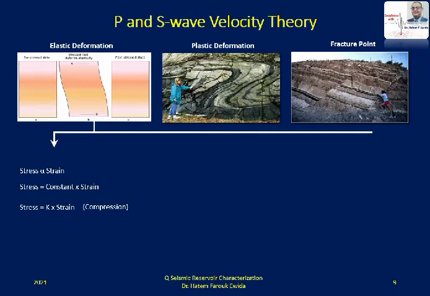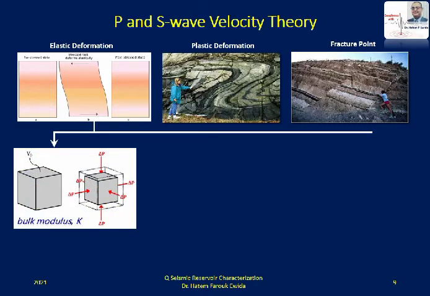This constant will be called K in the case of compression. So if this deformation was a compression like this one, the constant will be called K and we call it the bulk modulus. Another shape of deformation is the elongation. If the particle gets elongated, the constant will be called E, the Young's modulus.